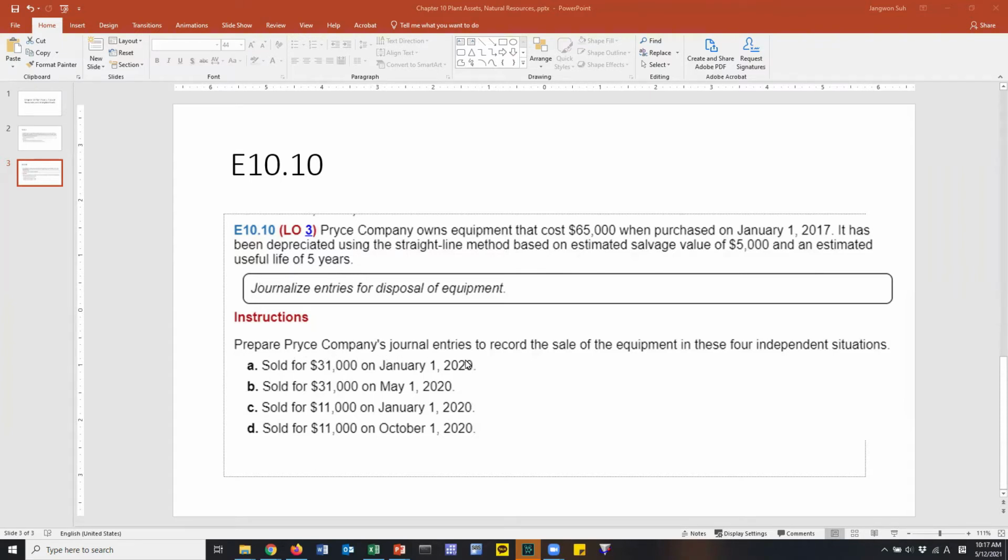Prepare Price Company's journal entries to record the sales of the equipment in these 4 independent situations: sold for $31,000 on January 1st, 2020, and May 1st, 2020, the same. Sold for $11,000 on January 1st, 2020, and the same price on October 1st, 2020.